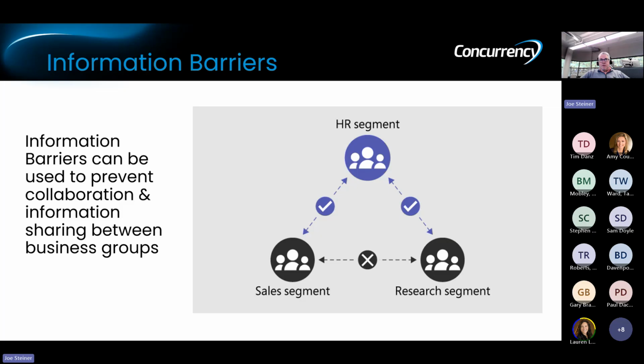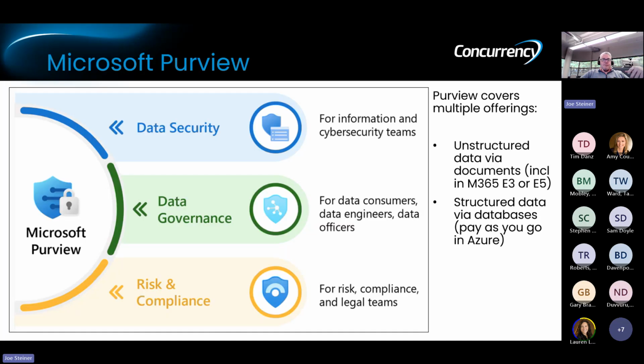And so I can use information barriers to start carving out the organization, putting people into different groupings and segments within the organization that then say, okay, you can talk to these people, but you can't talk to these. Keeps them out of Teams channels that otherwise they might readily have access to, keeps them out of SharePoint sites, and all the rest.